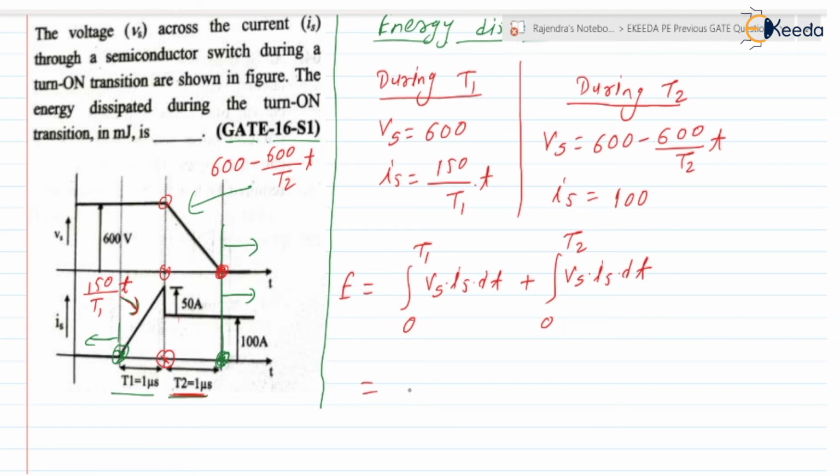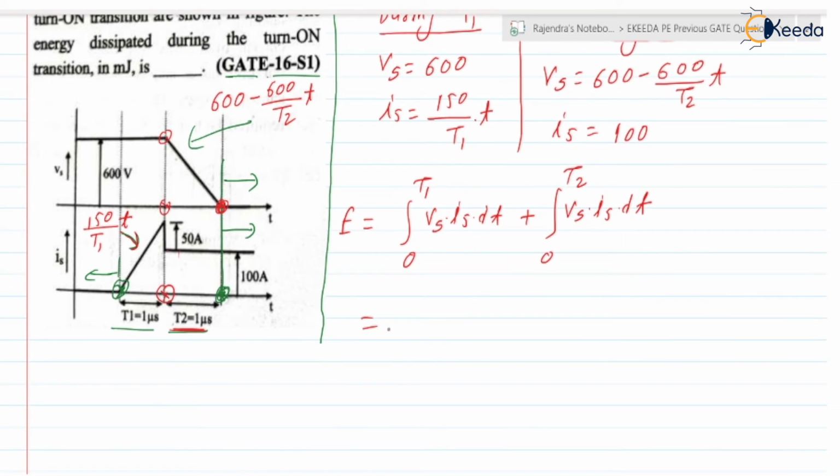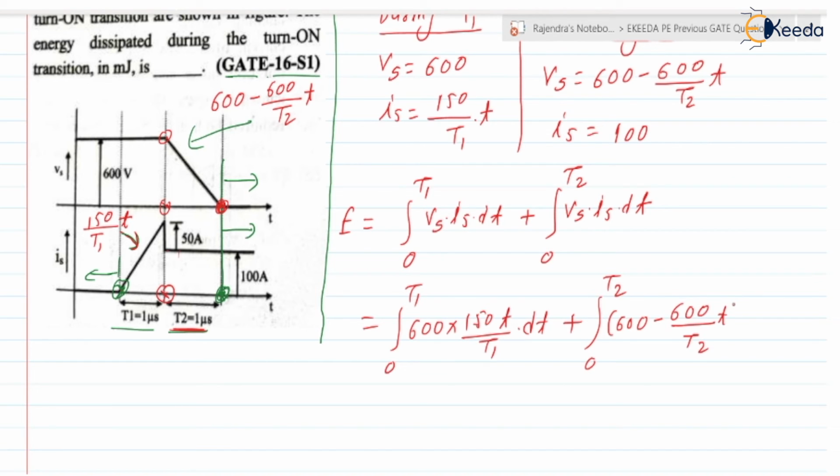So E is equal to the integration from 0 to t1, Vs is 600 into Is is 150 into t divided by t1, into dt, plus the integration from 0 to t2 of 600 minus 600 divided by t2 into t, into 100, dt.